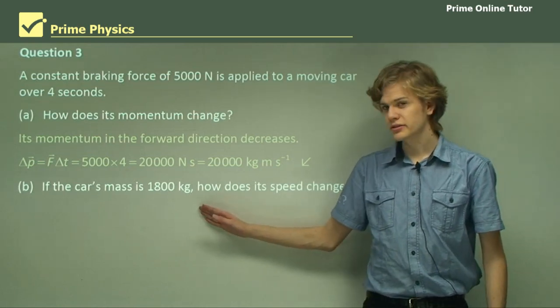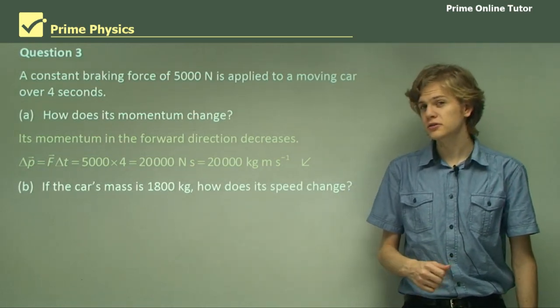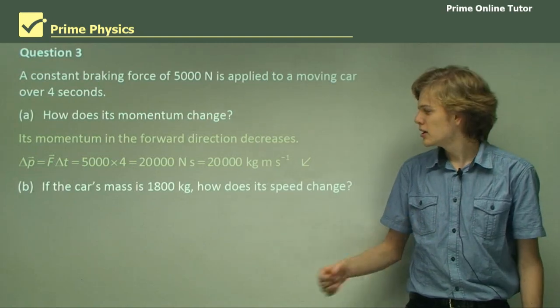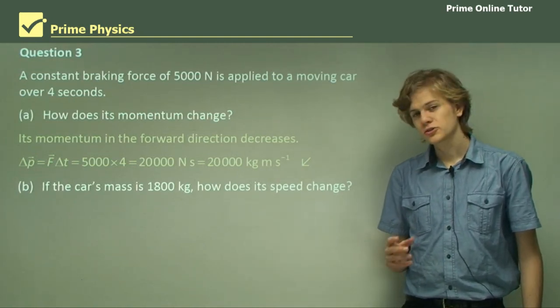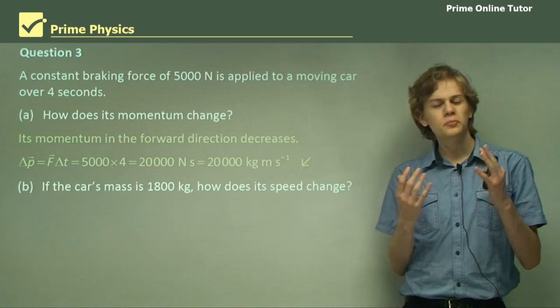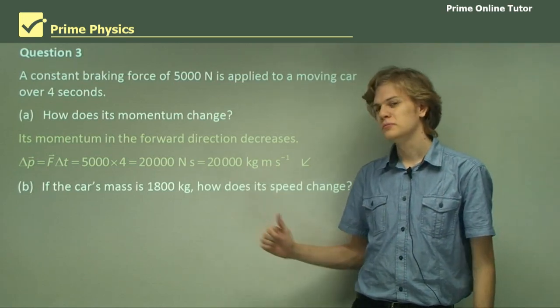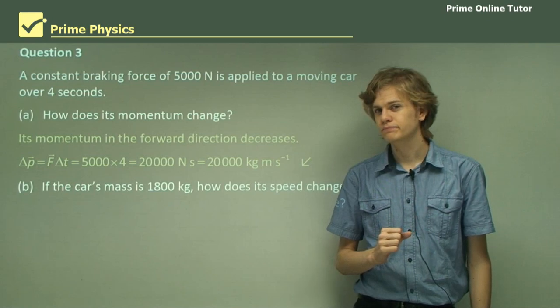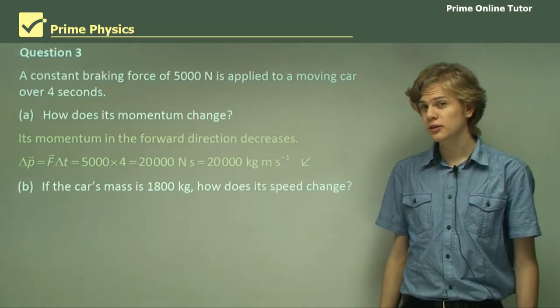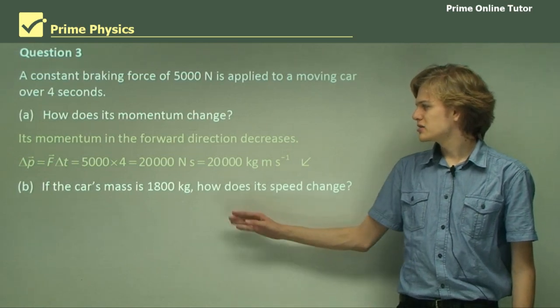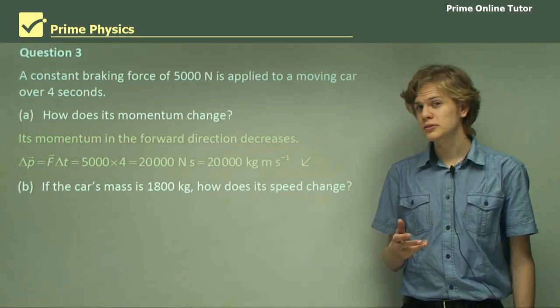Now if the car's mass is 1.8 tons, that's 1,800 kilograms, how does its speed change? So we can figure out the speed change by looking at the momentum change, right? So momentum change is 20,000 kilogram meters per second. Our mass is 1,800 kilograms.